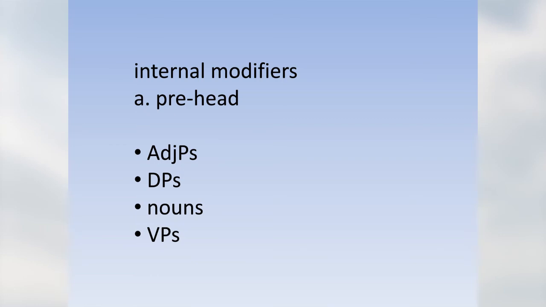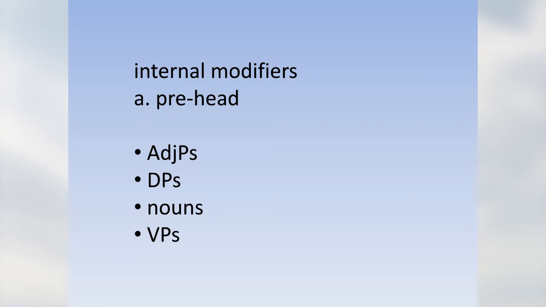And we'll talk about the ones that come before the head of the phrase and the ones that come after the head of the phrase. Okay, before the head of the phrase, there are 4 categories that can function as internal modifiers. Adjective phrases, determiner phrases, nouns, and verb phrases.